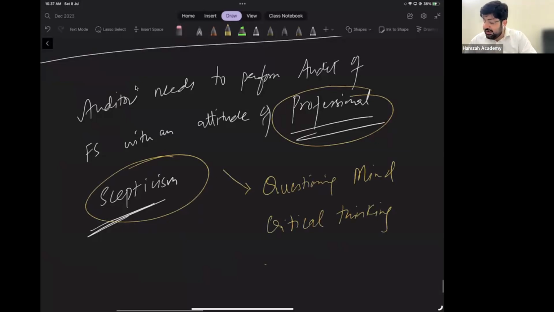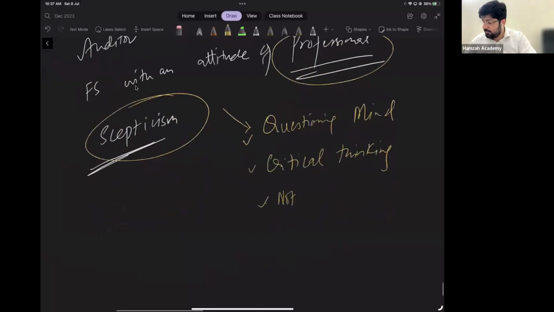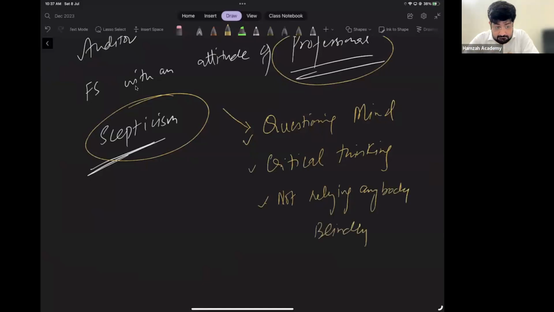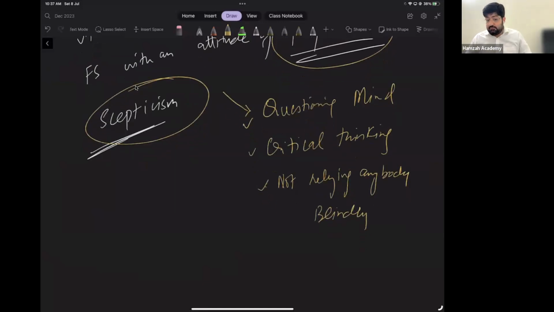Not relying on anybody blindly. Student, not taking things at face value. Whatever comes to me, it doesn't mean that I will consider there is fraud everywhere.